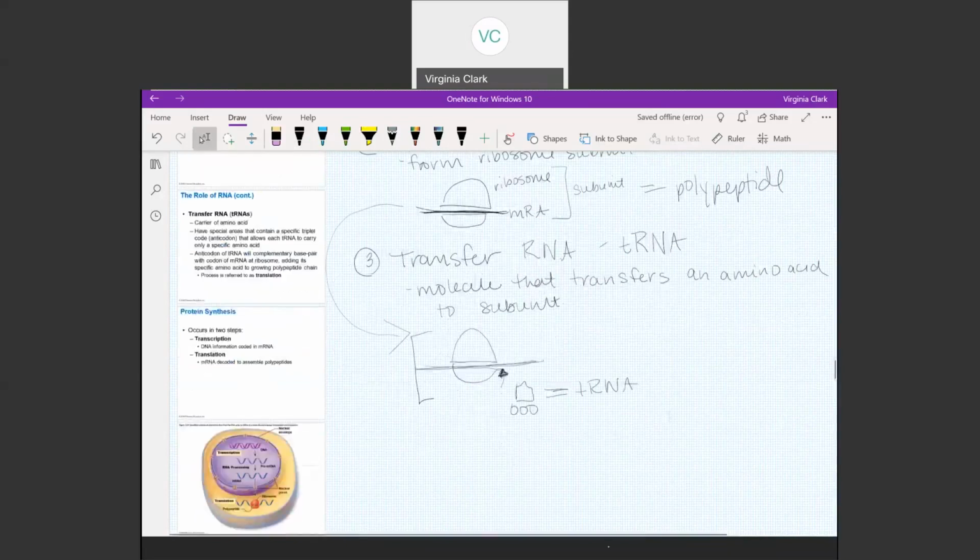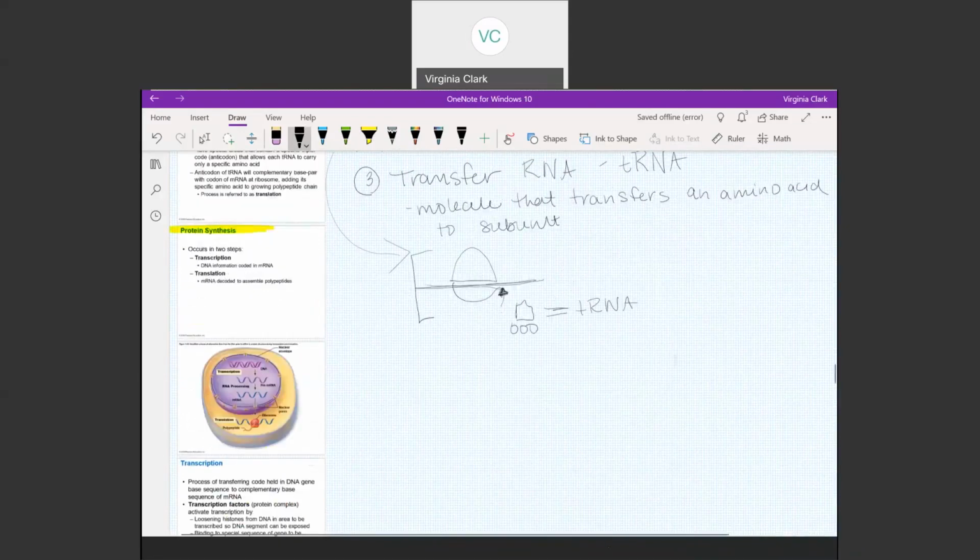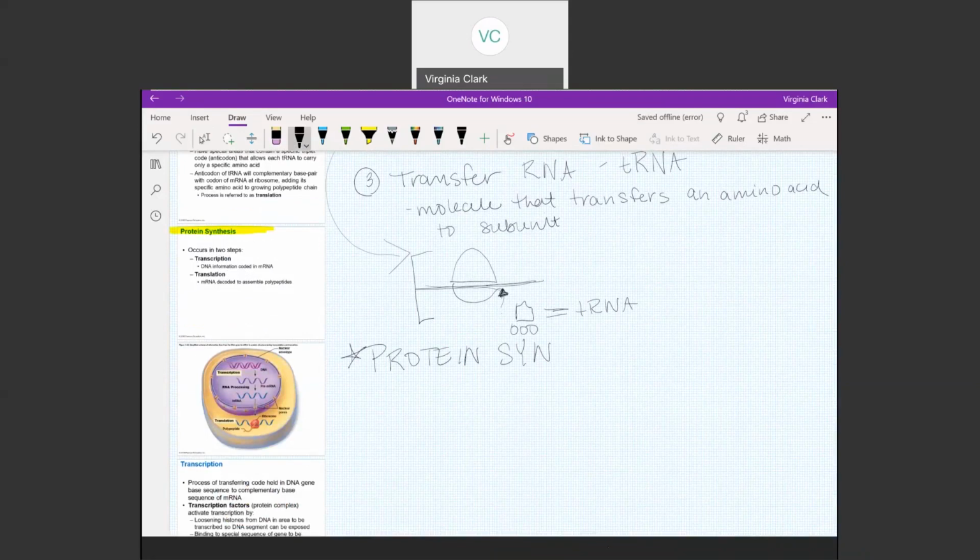Okay, when we're going through this next step, we're going to talk about protein synthesis. The whole purpose of this section is protein synthesis. There are two steps to protein synthesis. We are creating new proteins. It involves two major steps. You're going to go through the process of transcription. Transcription will occur in the nucleus.